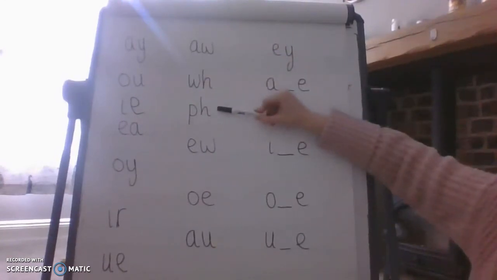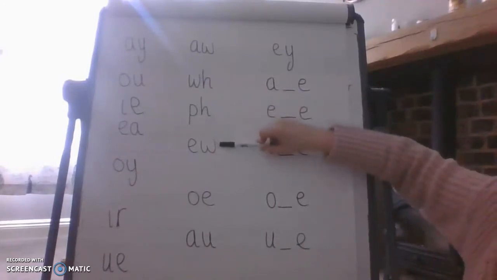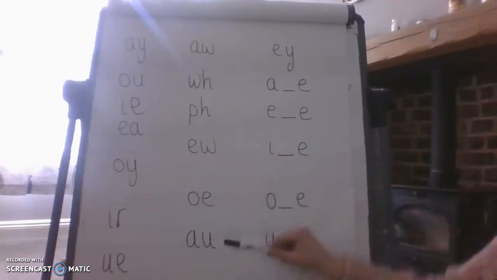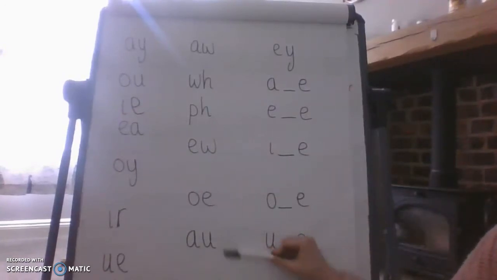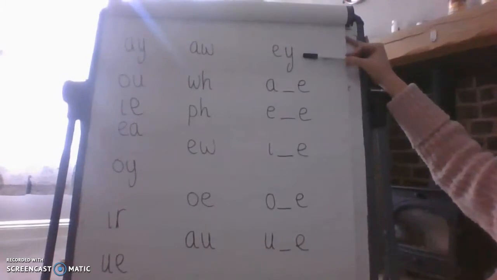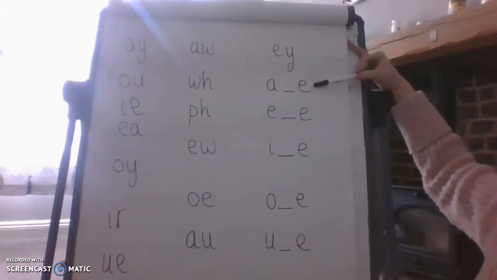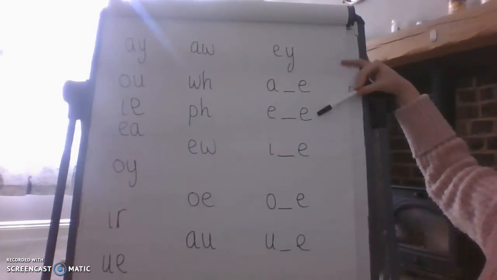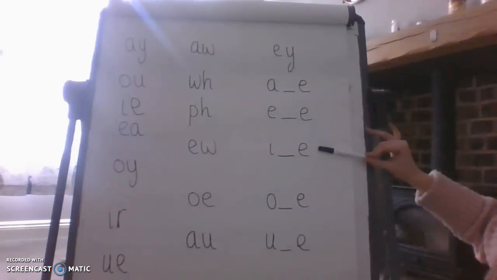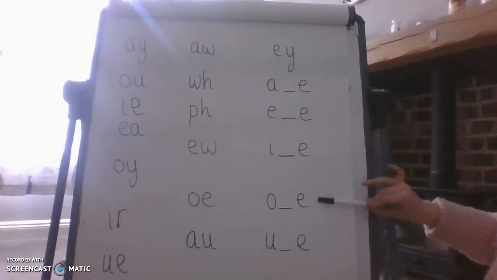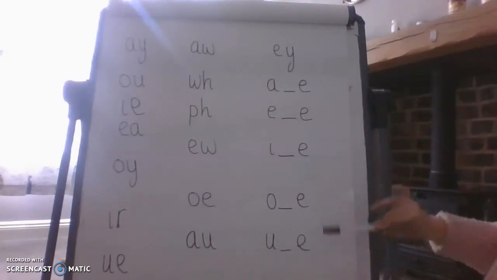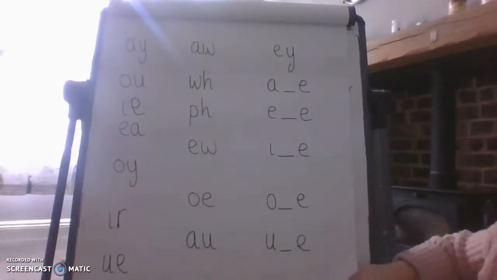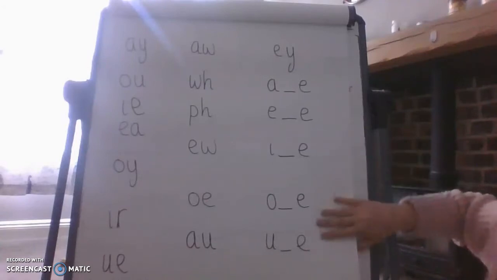I say f, you say. I say oo, you say. I say oh, you say. I say or, you say. I say e, you say. I say a, you say. I say i, you say. I say oh, you say. Okay, well done everybody. So that's our phase 5 phonics there.